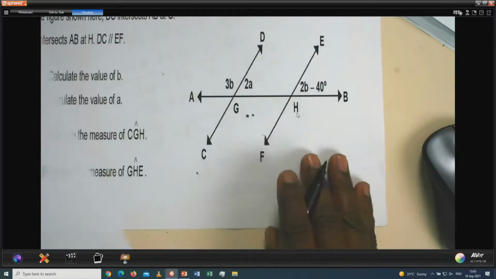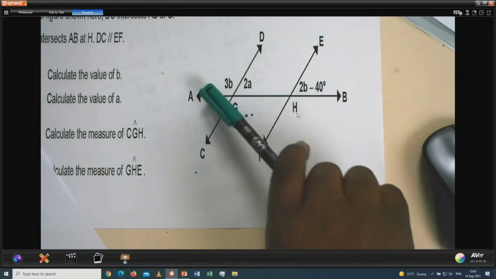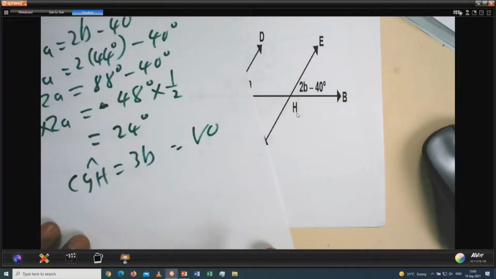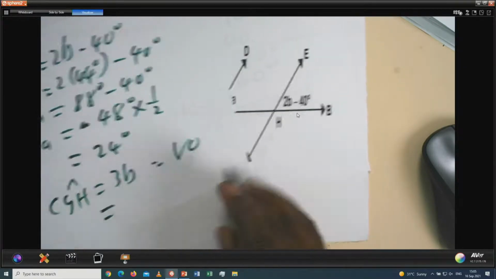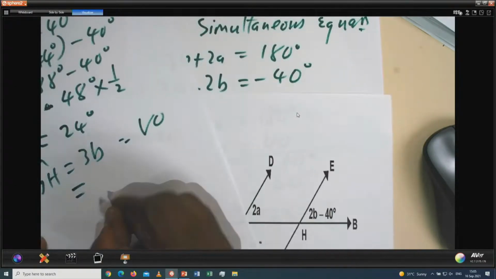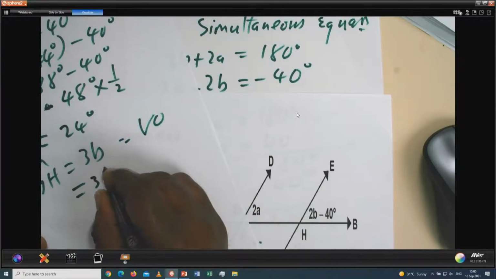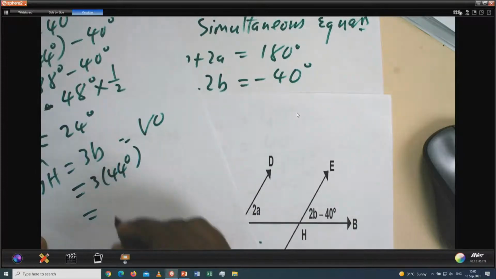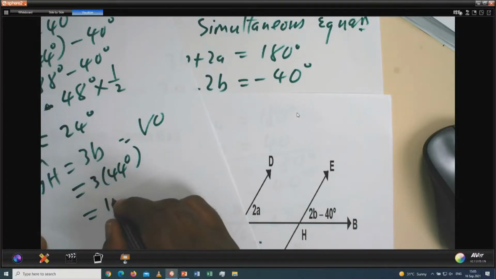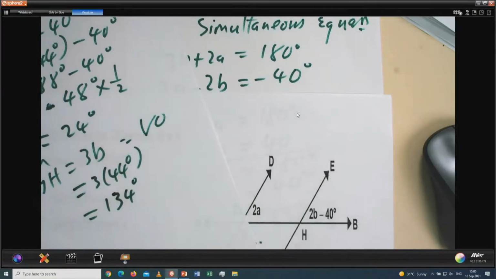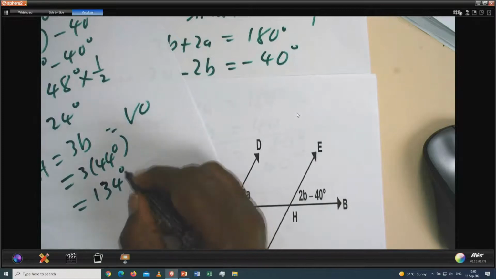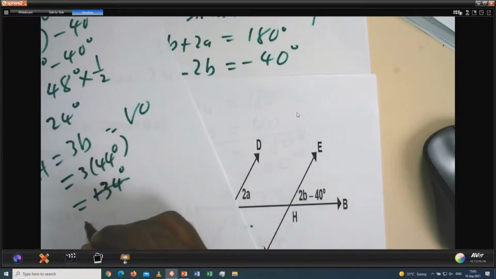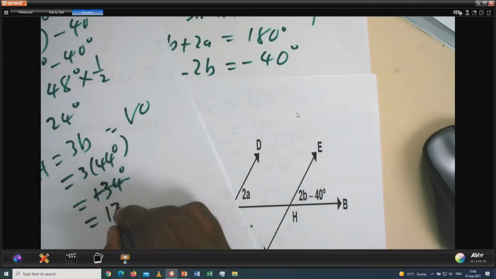Vertically opposite. This is vertically opposite to that. But what was our b? 44 degrees. 3 times 44 degrees is 132 degrees.